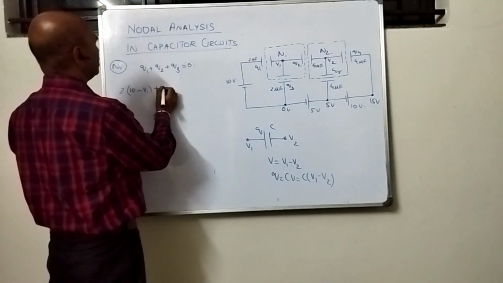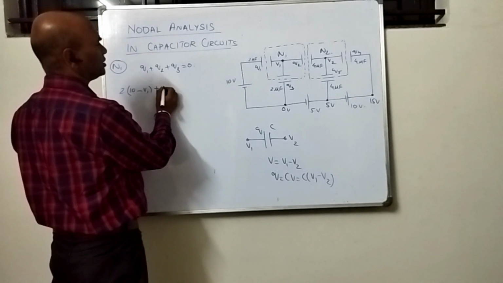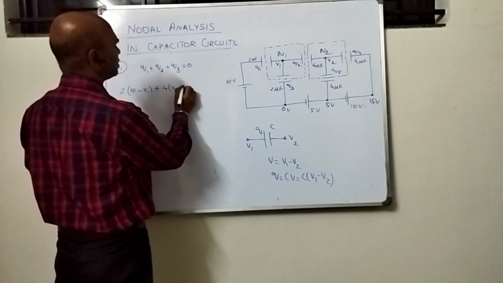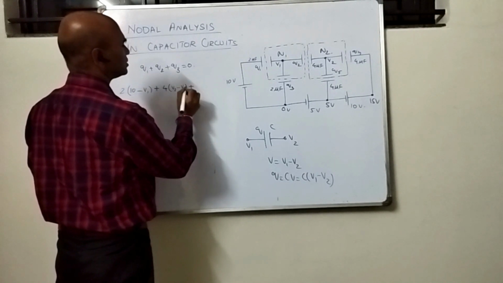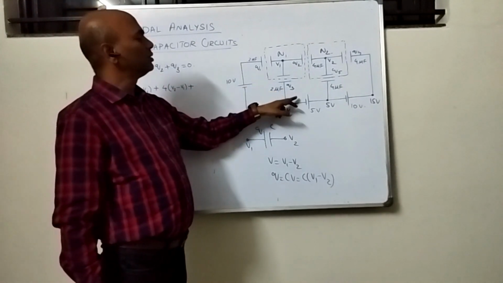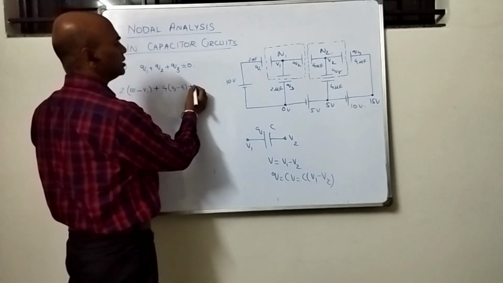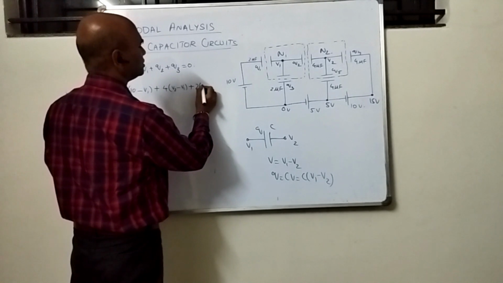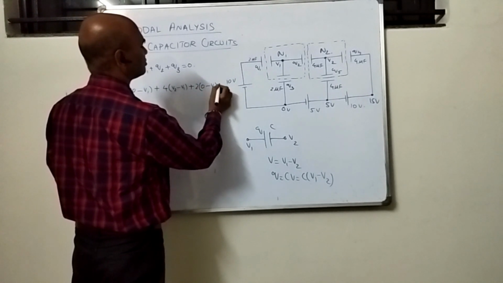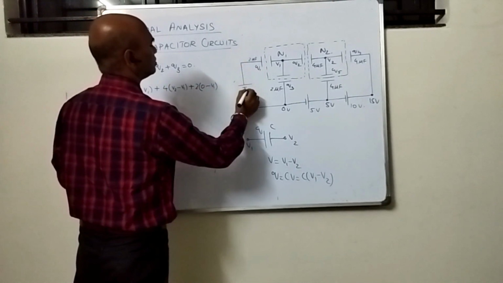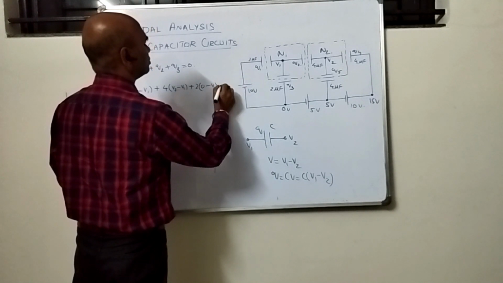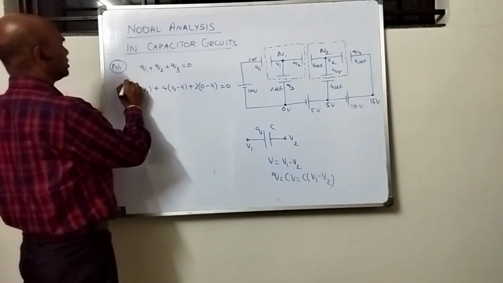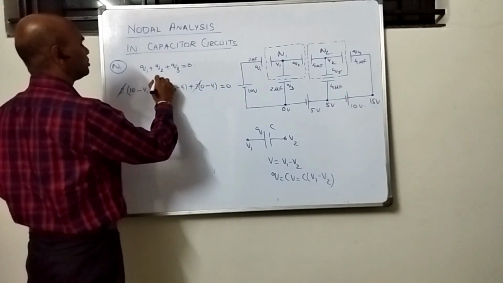So it is capacitance into potential difference again, which is 4 into V2 minus V1 plus, coming to the third capacitor, again going by the same sense, it is 2 into the potential difference which is 0 minus V1. Okay, so this must be 0 on the right side.